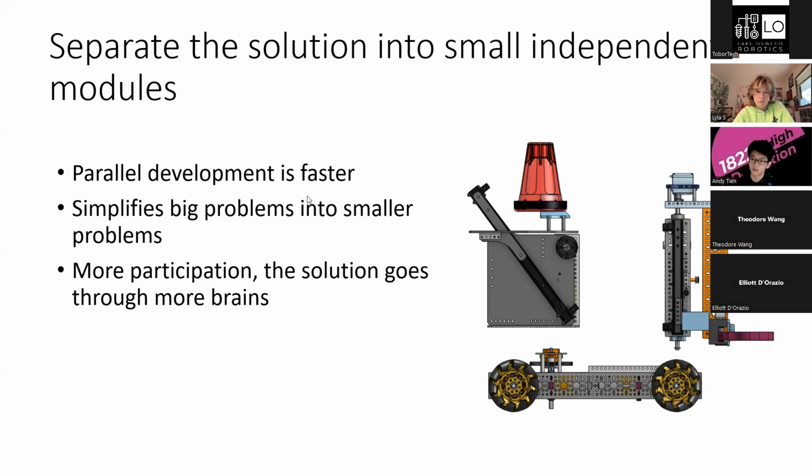So for this year, the way we tackle modules is basically every function on the field is kind of a module. Like for this year, we have I think 5 different modules. So every capability that your robot will perform is separated into a module.